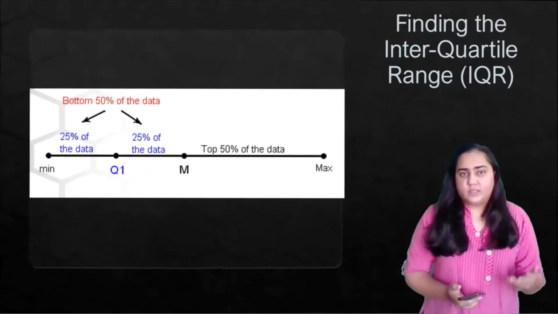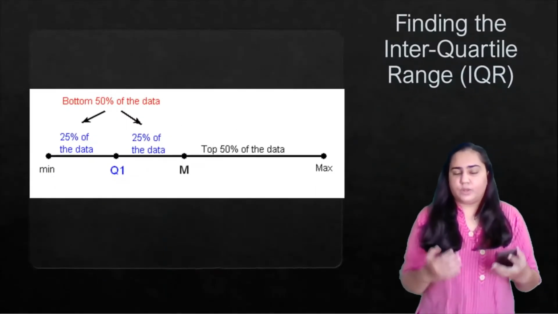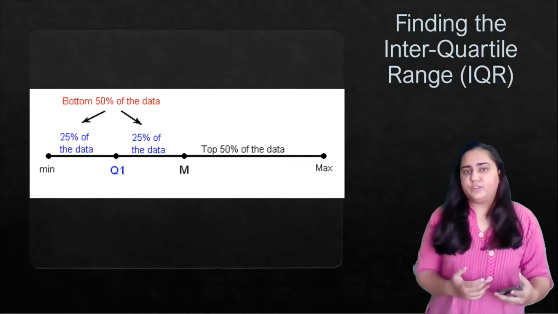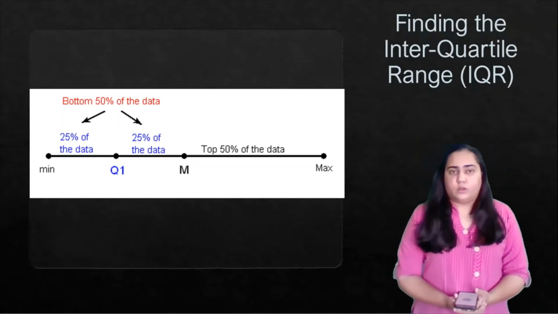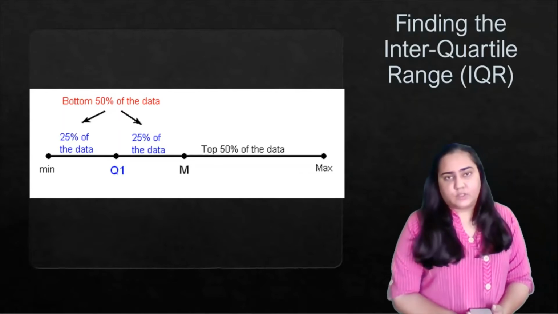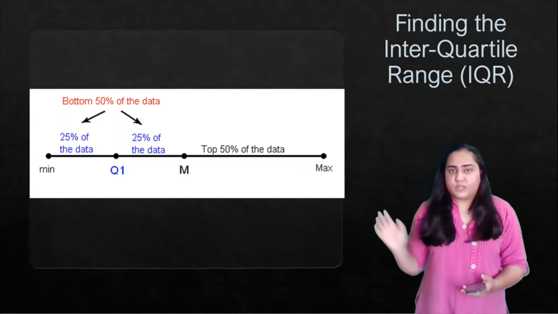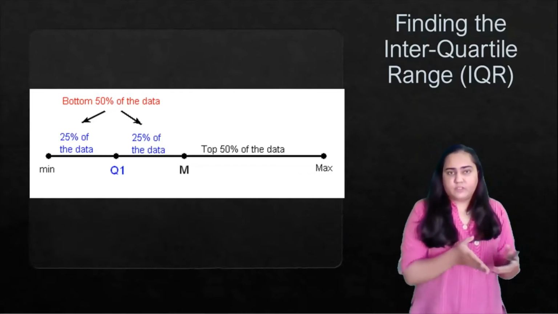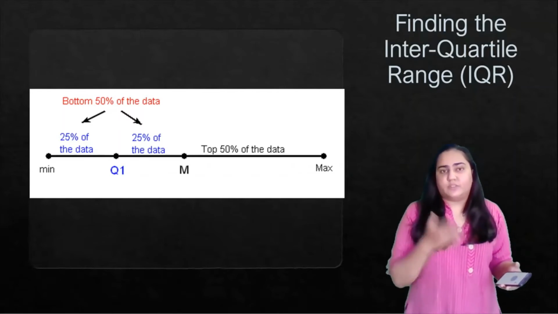Once the median is found, the next step is to find what I would like to call the median of the median. So we're going to find two quartiles basically. The first quartile we will denote as Q1. You can see in this diagram that first I found the median, and then on the left side of the median, whatever data I have, I will find the median of that too.